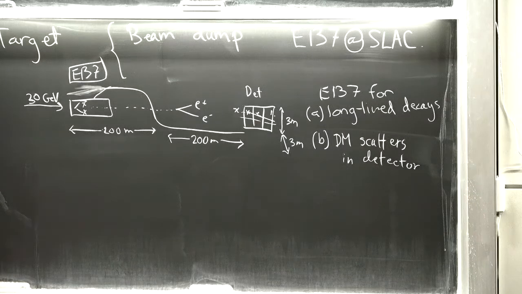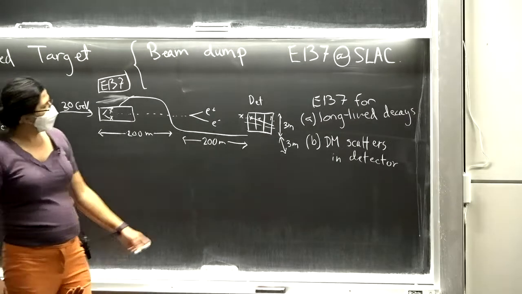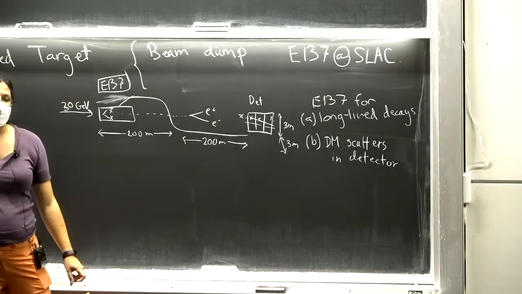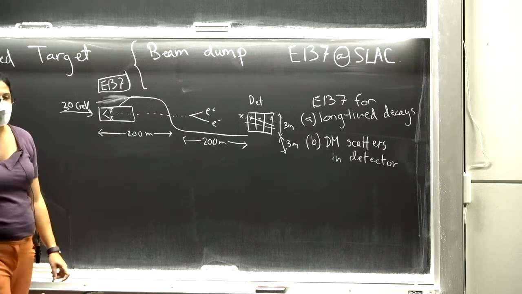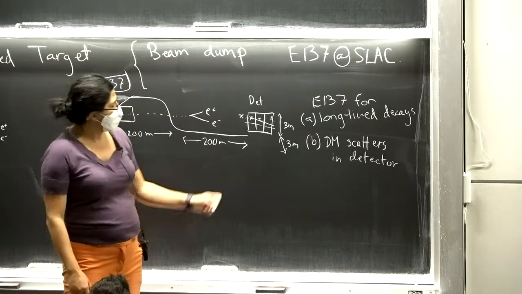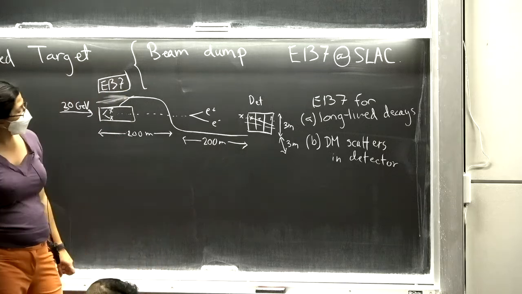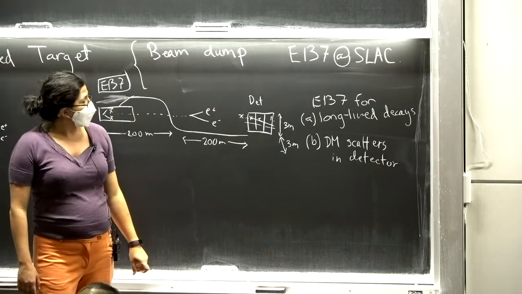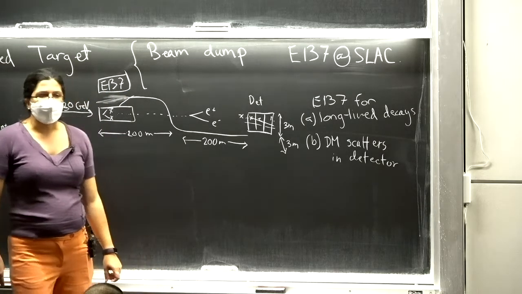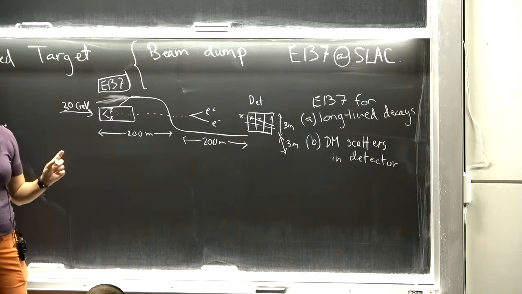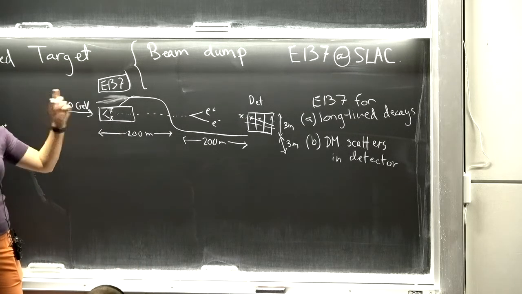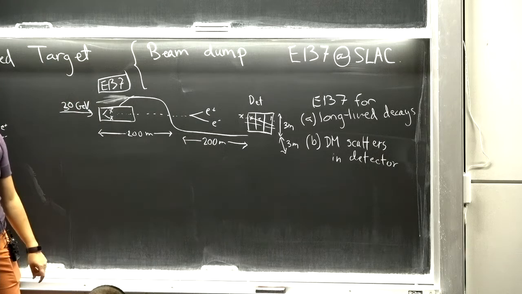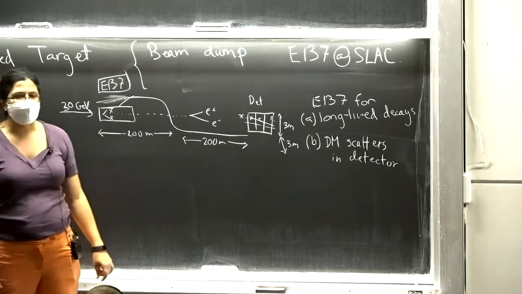Ran for a little while with a sort of deliberately mistuned beam. And then they used the whole MiniBooNE detector, which is bigger than 3 meters, for this. And there's talk about doing similar analyses with the ton-scale coherent detectors and with the DUNE near detector and things like that. So there are efforts, especially at proton beams, to use large detectors that are being built for other purposes to do similar searches.